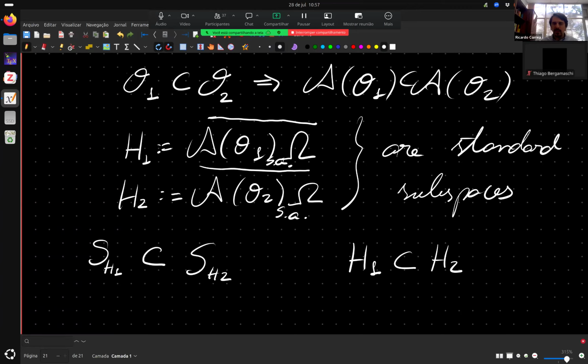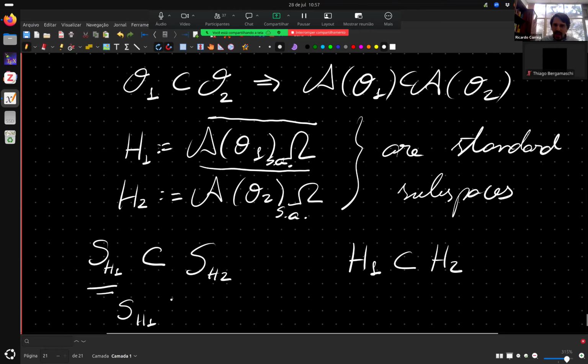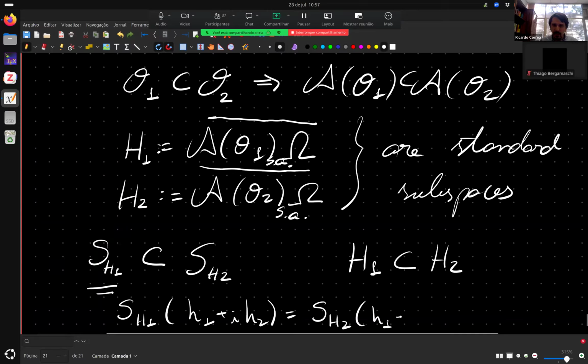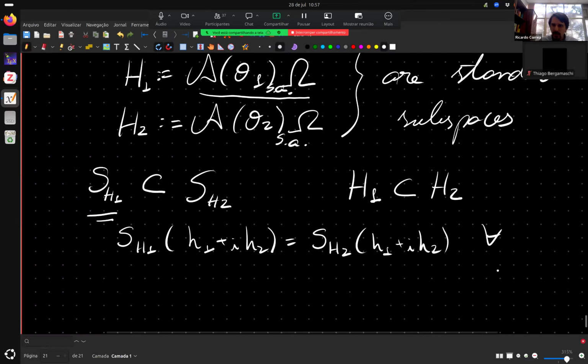What I am telling you with that is that the two operators coincide. So S_H1 on every vector of the form h1 plus i h2 is equal to this other operator, for all h1 and h2 in H1, which is dense.